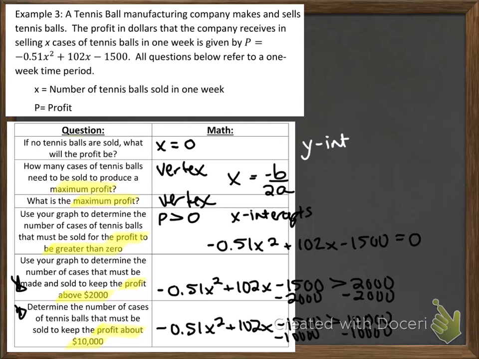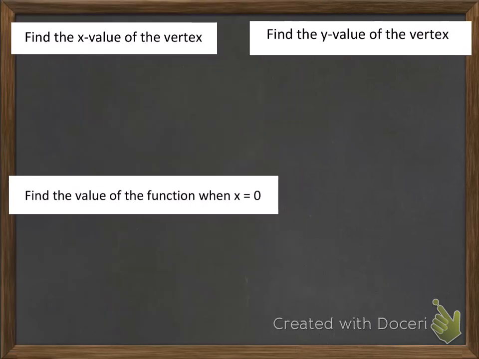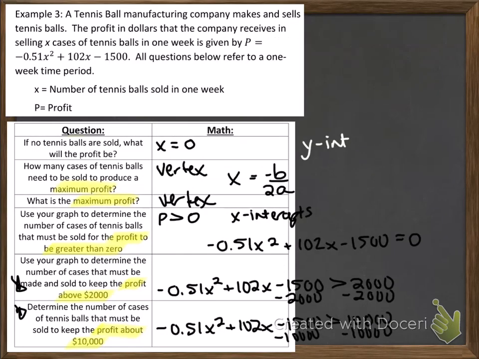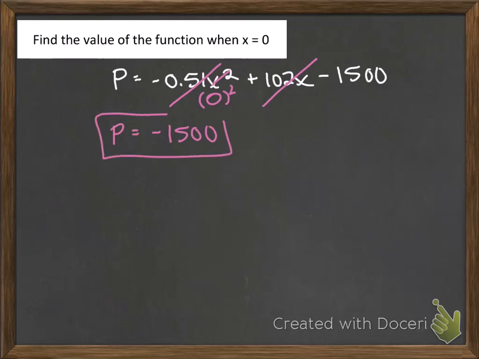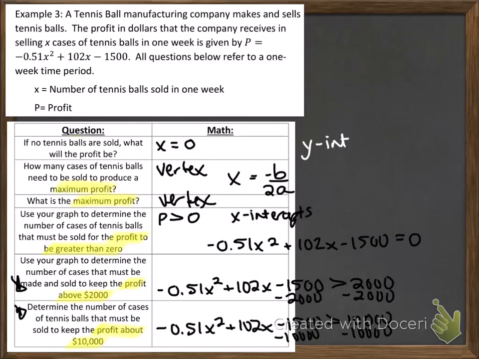So let's do x equals 0. That's easiest. So it says find, okay, I'm going to go on to the next page because I'm out of room. I want to find the value of the function when x is equal to 0. If this is 0, then this whole thing goes to 0. That goes away. That goes away. Well, guess what? I'm losing $1,500 if I don't sell anything. And doesn't that make sense from a practical standpoint?